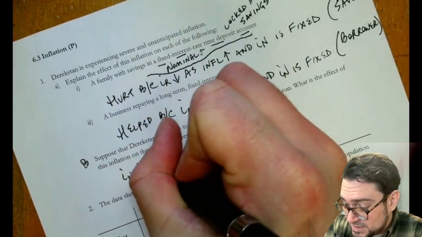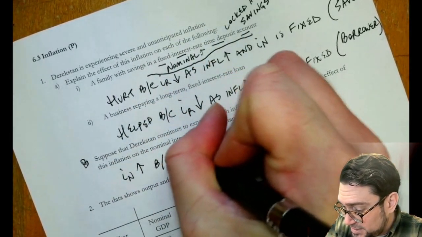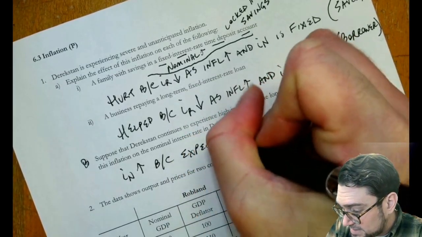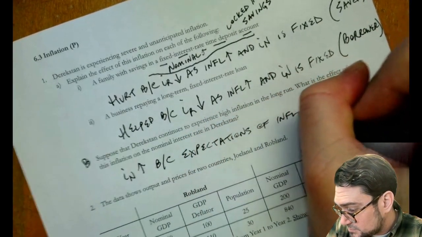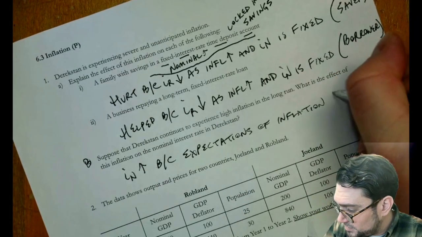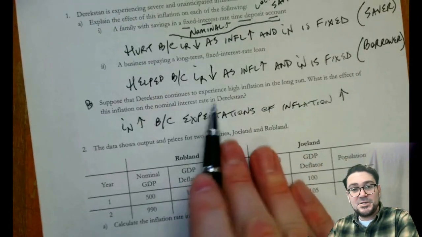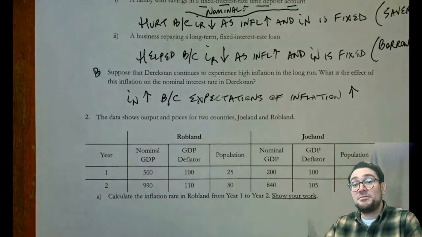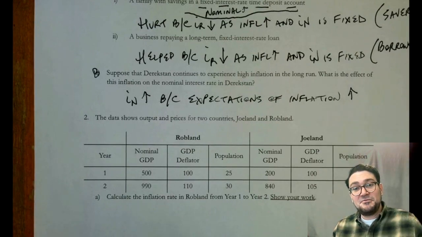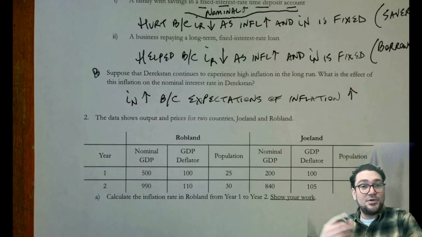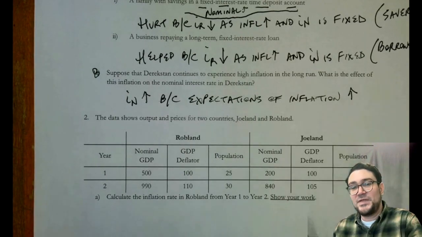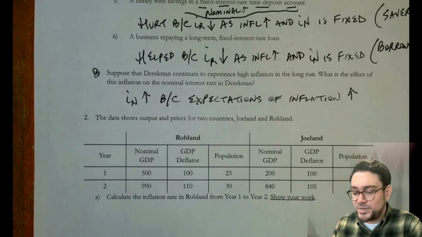Nominal rate would increase because expectations of inflation will increase. And so basically people would say, oh, well, I think inflation is going to be high. And so therefore they're going to say, I want a higher nominal interest rate in order to do a deal, right? To make sure that that takes into account that higher inflation rate.